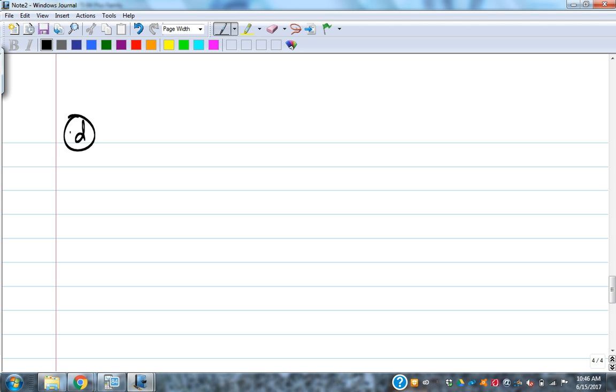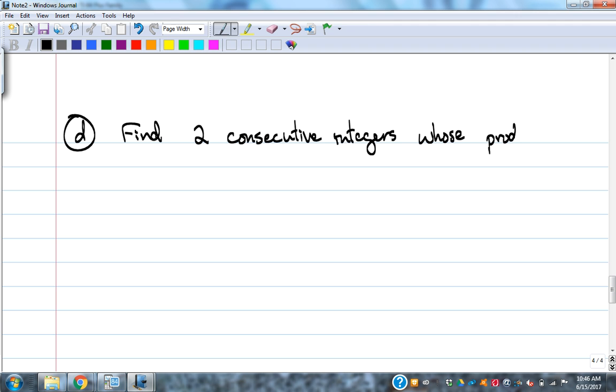Example D. These problems are maybe some of my favorite ones for applications. Find two consecutive integers whose product is 110.